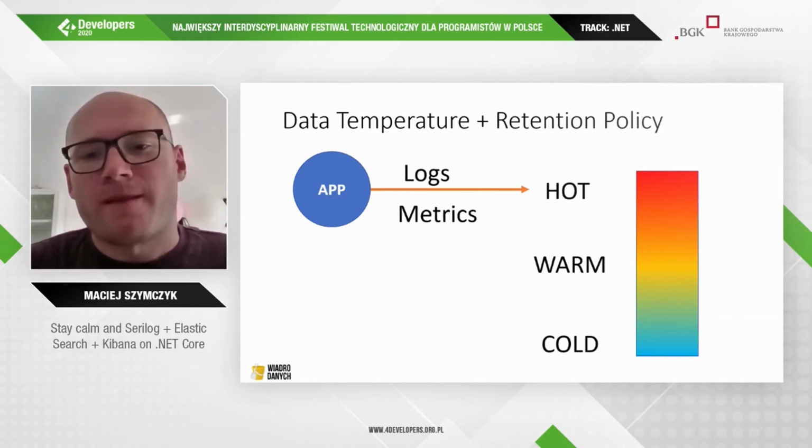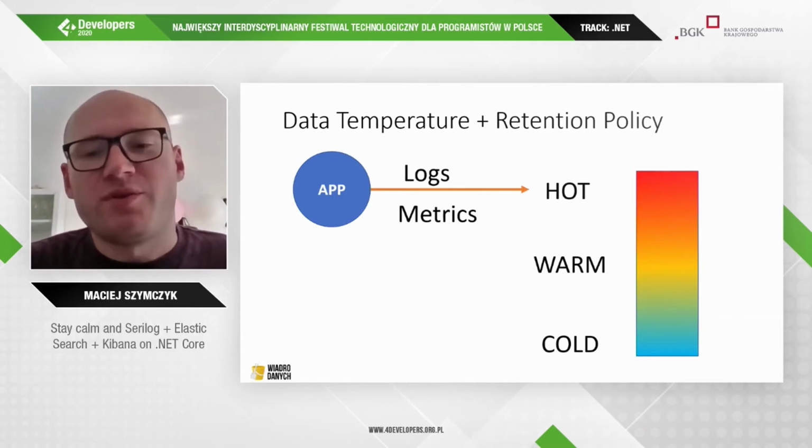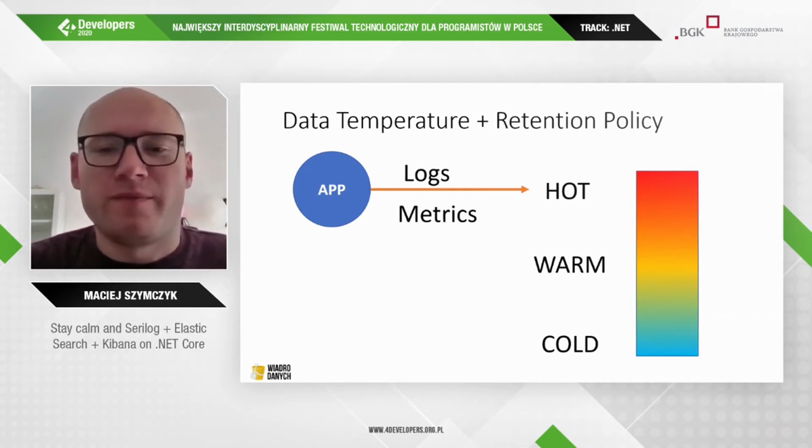So we can put hot data on SSDs on very fast servers, and then when the data is getting colder, we can move it to some cheaper and slower devices, so slower hardware. For example, not SSDs or NVMe SSDs, but spinning hard drives. And maybe for some period of time the data is necessary to hold. And after, for example, 3 months, we can surely delete logs and nothing will be wrong about it.